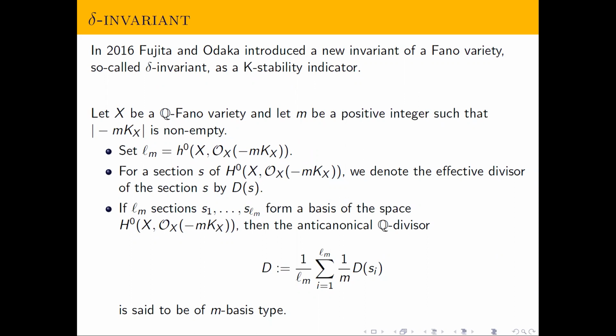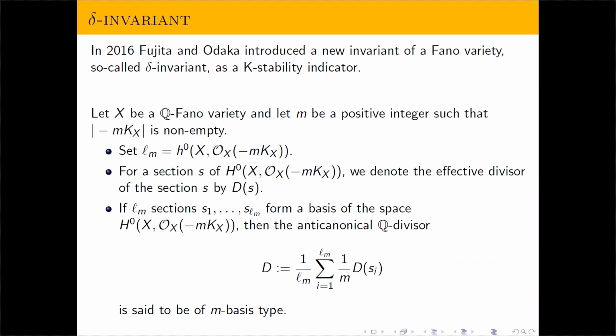Let me briefly introduce it, even though almost all of you know about this. We consider a Q-Fano variety X, and let m be a positive integer. Then you consider this vector space, the anti-canonical linear system, and you take a basis of this space. For each section, you take the effective divisor, normalize it, and then take the average.